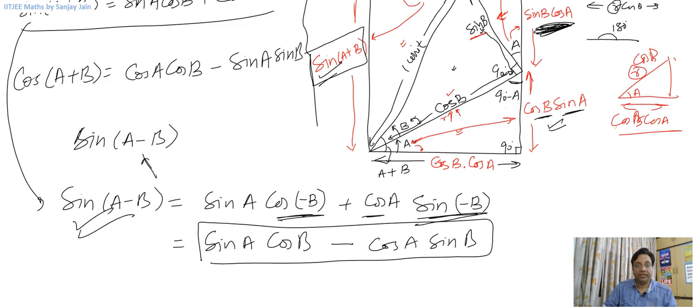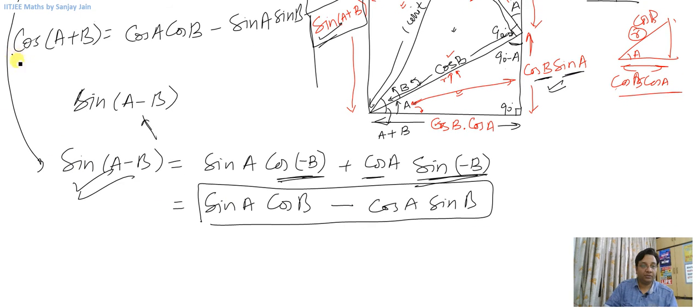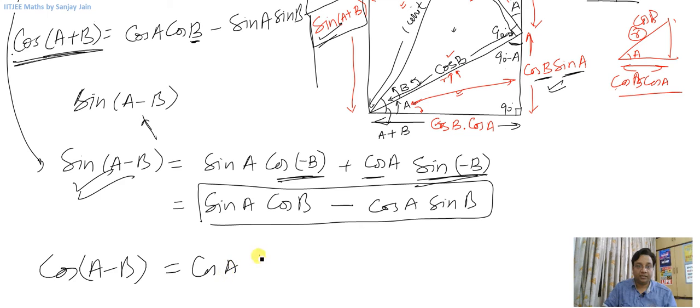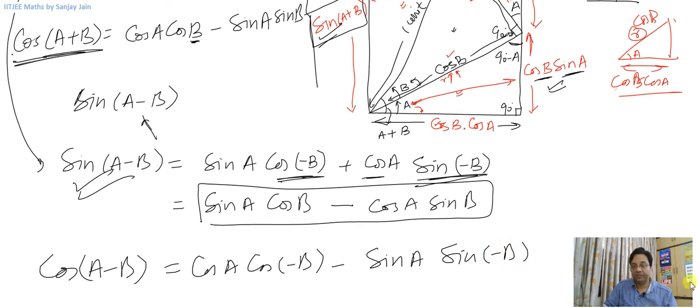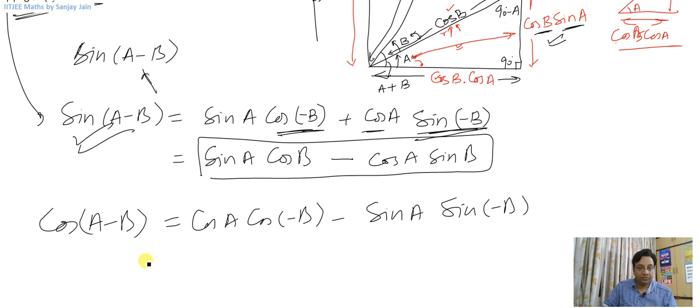Similarly, you can find the identity for cos A minus B. Cos A minus B will be, now I'll replace this B with minus B. So cos A cos of minus B minus sine A sine of minus B. These are pretty simple for you because cos of minus theta is cos theta.